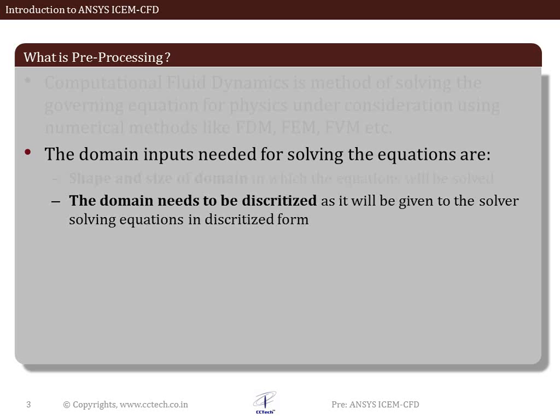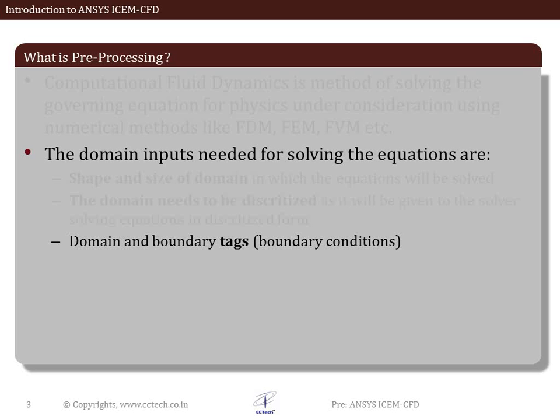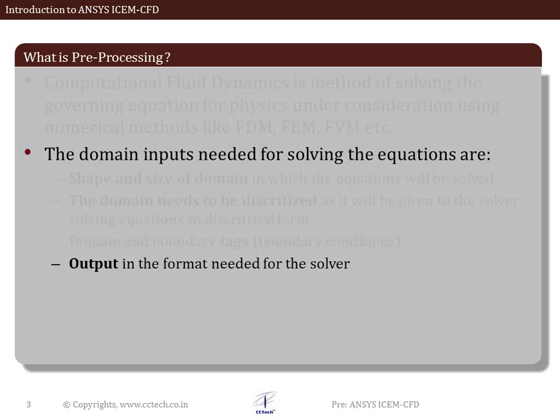We then need to discretize the domain, as it will be given to the solver solving governing equations in discretized form. To identify the domain boundaries during solver setup, we need to give appropriate boundary taggings. This is also called setting up boundary conditions. The mesh with all this information then needs to be written in a file or format understood by a selected solver.